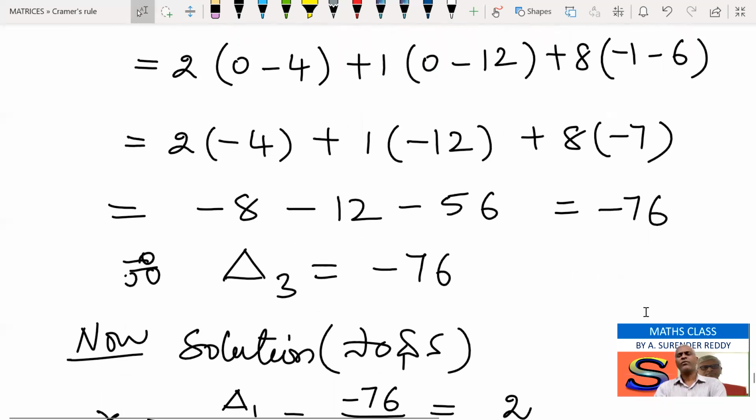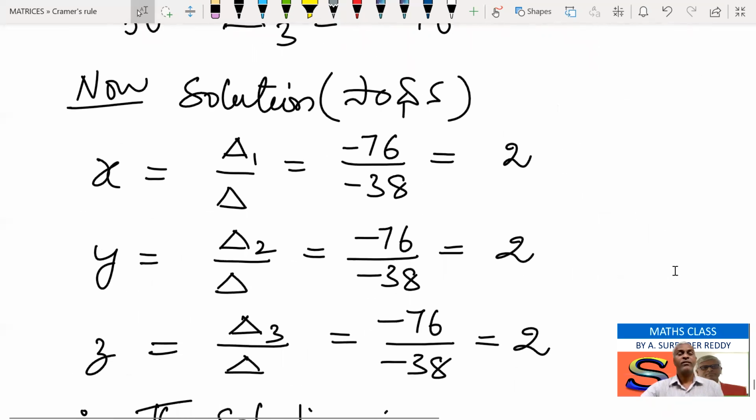So after finding all four determinants, delta, delta 1, delta 2, delta 3, now the solution will be: x equals delta 1 by delta, y equals delta 2 by delta, z equals delta 3 by delta. It is easy to remember also. For all these x, y, z, the denominator will be delta.